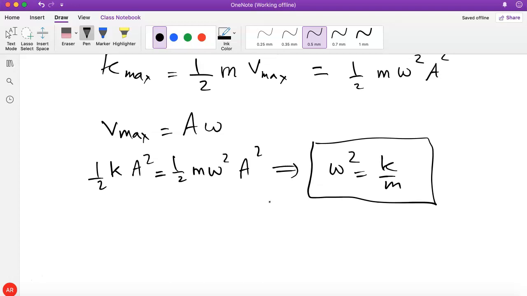So the ratio of this spring constant to the mass determines omega. Omega becomes the square root of k over m, right?